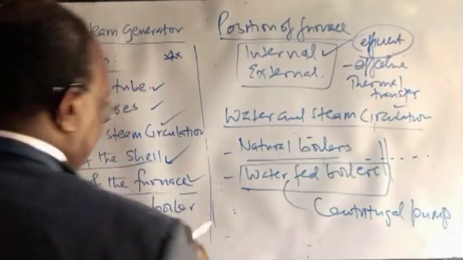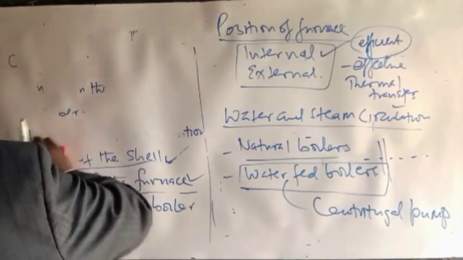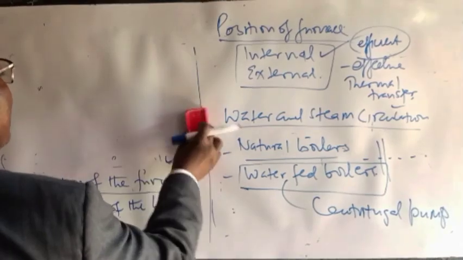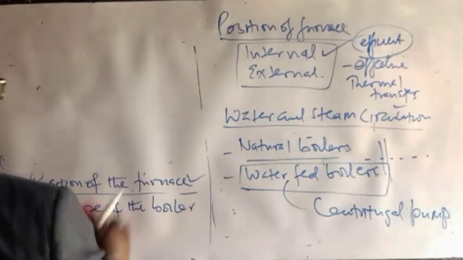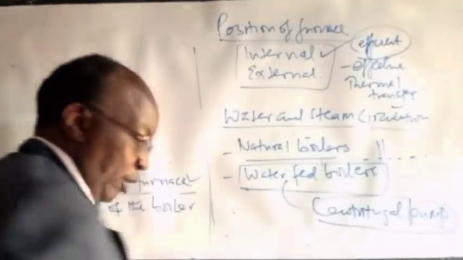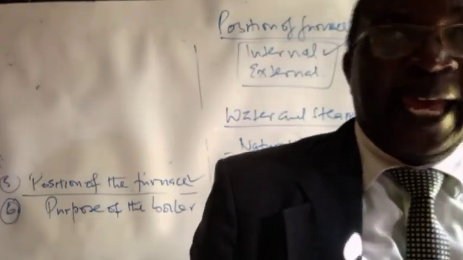Now let us look at what that means for us. We don't need much of this because I think by now you know them. We are only left with the purpose of the boiler. You will use a centrifugal pump to effectively assist in pumping the water into the boiler.